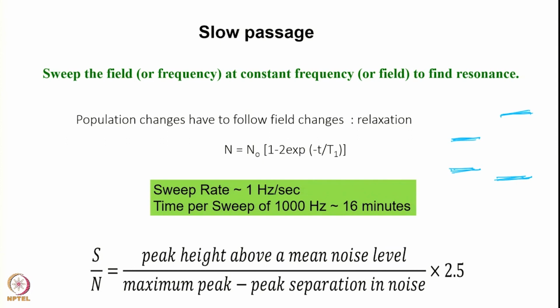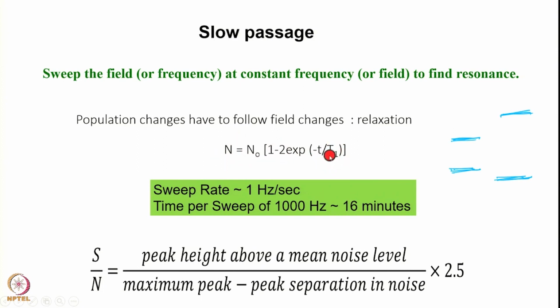Therefore, the population changes have to follow the field changes. This is dependent on the relaxation time T1, and that is given by this equation. The population difference is given by N0 into 1 minus 2 times e to the minus t by T1.